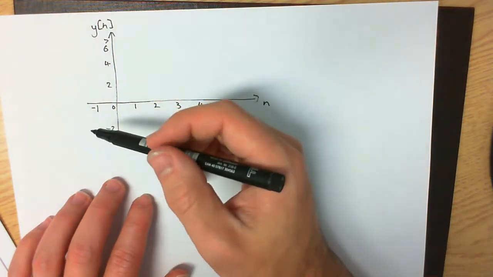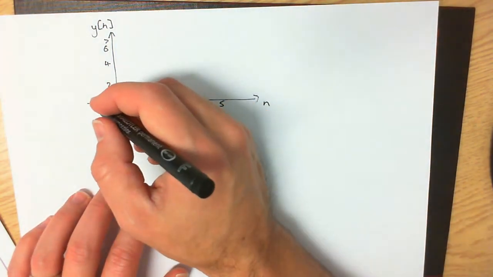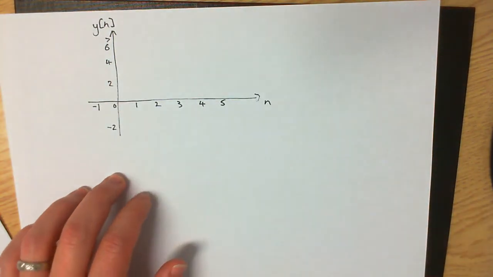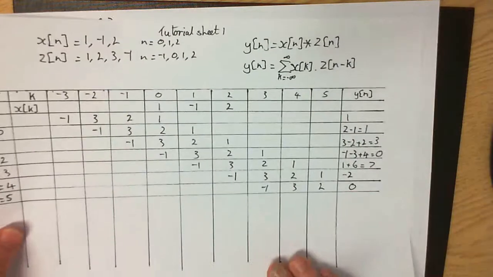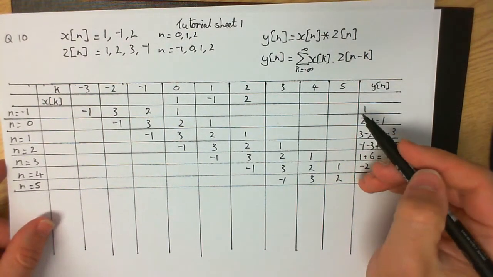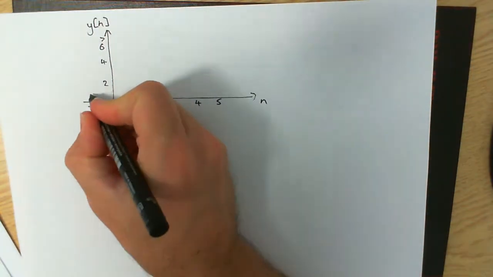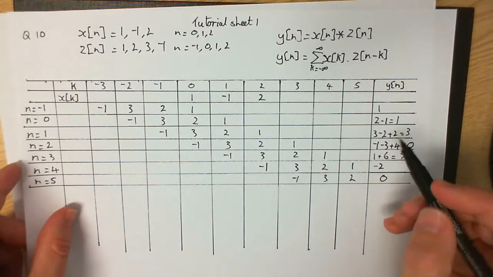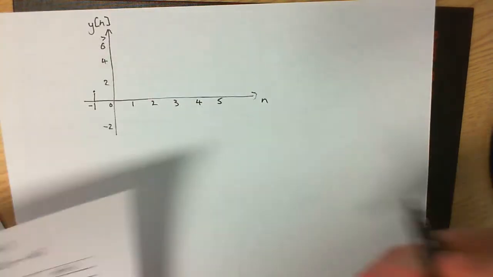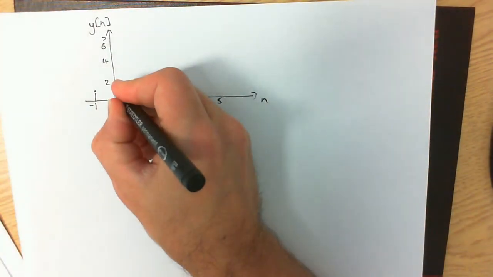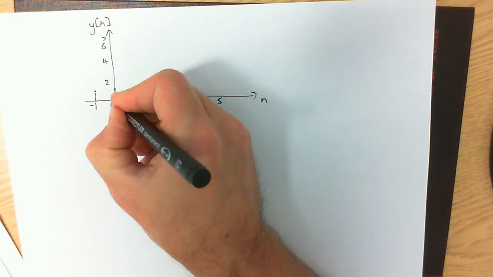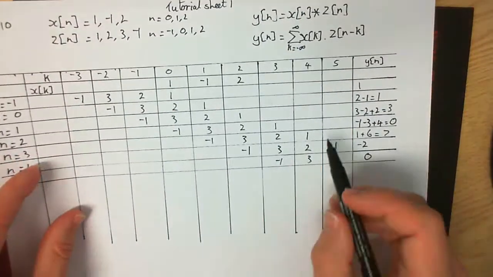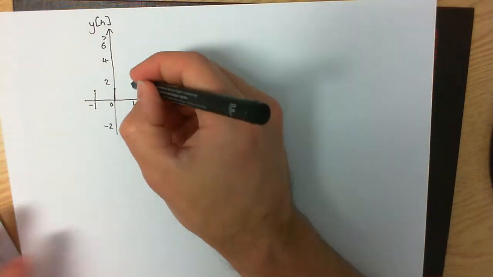And then we simply go step by step, plotting the points. So when n is minus 1, we had a value of 1. When n is 0, we also have a value of 1. When n is 1, we have a value of 3.